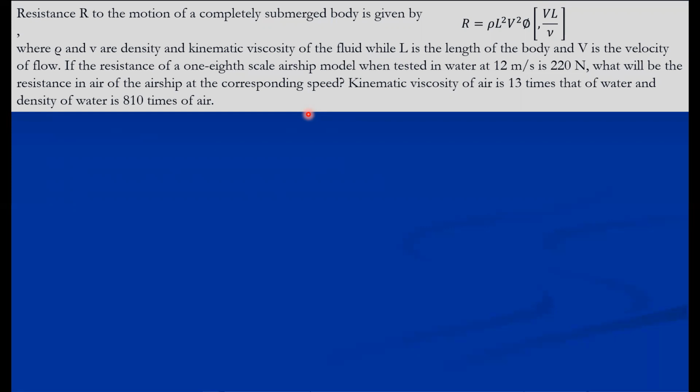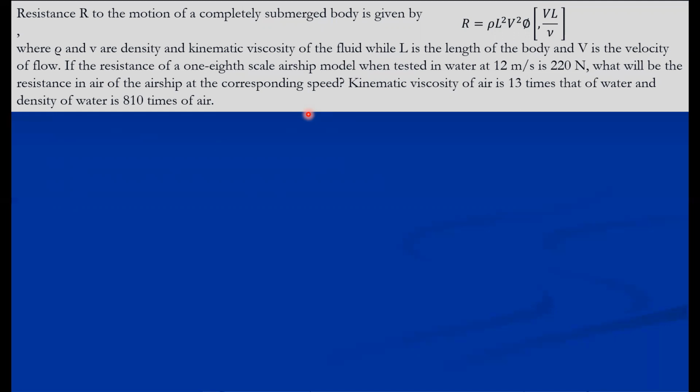As per the given information, the airship model is tested in water, where the velocity of the model is maintained at 12 meters per second, and for that velocity the resistance comes to around 220 Newton. The model is scaled down to 1/8 scale.